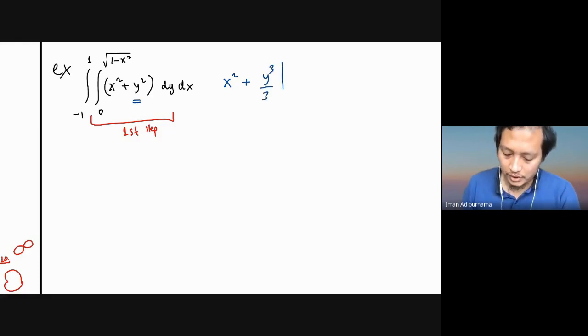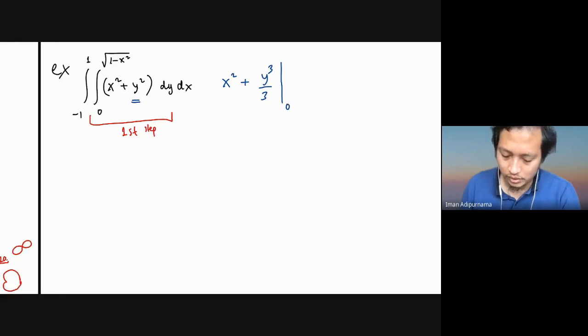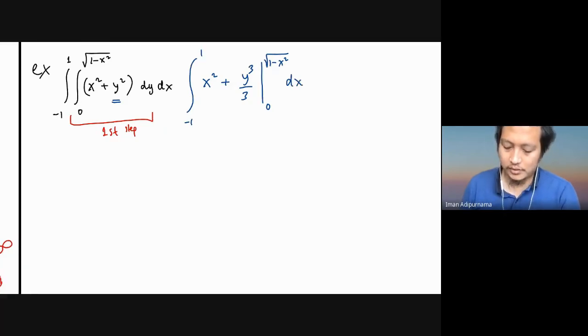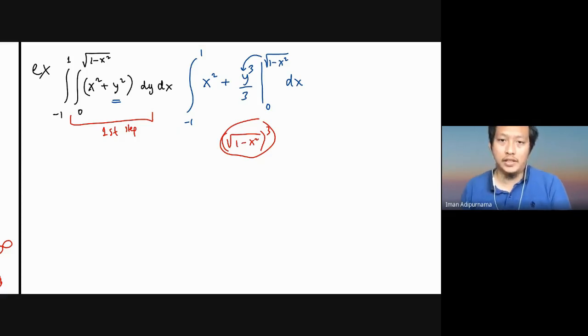And then you need to plug in 0 to square root of 1 minus x squared, and still have the other integration, dx. Then you plug this in here, and it starts to become a complicated solution, and you need to solve this and then integrate later. Of course, you can do this as well to check the solution.